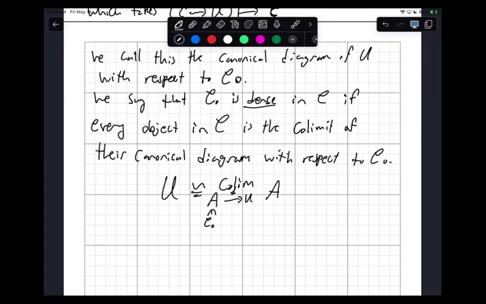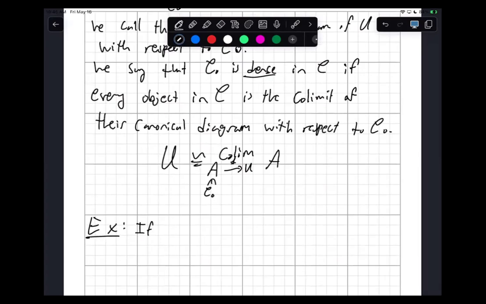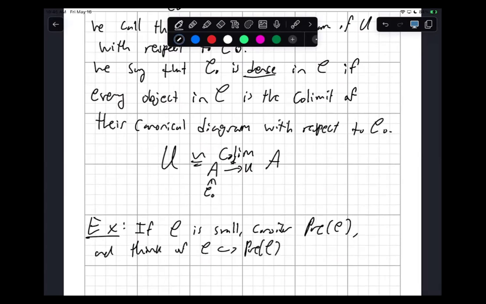Okay. So the main example is if C is small, consider the pre-sheaf category on C and think of C as a full subcategory by the Yoneda lemma, by the Yoneda embedding.